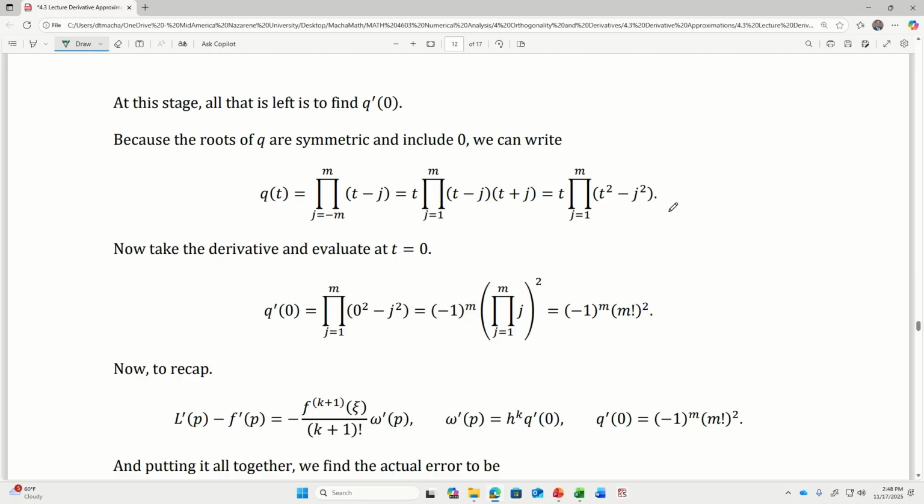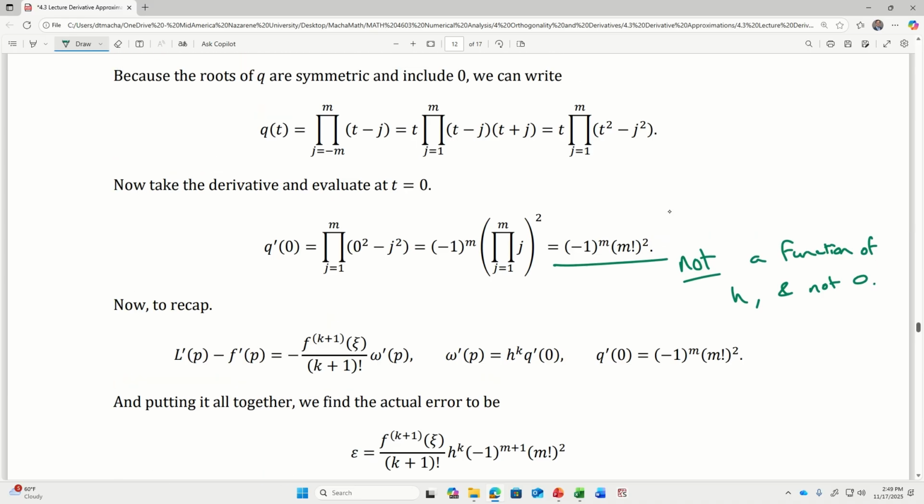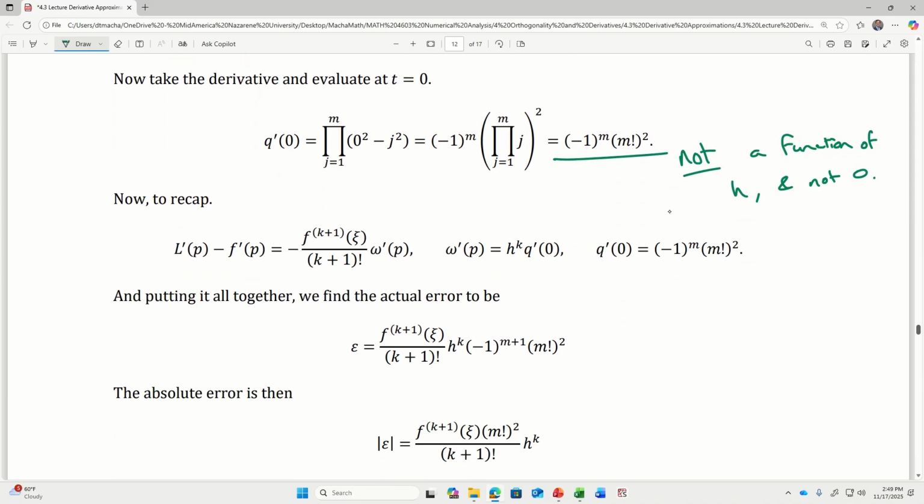That's m factorial, because m is the upper bound here. This is notably not a function of h. And it's also not 0.